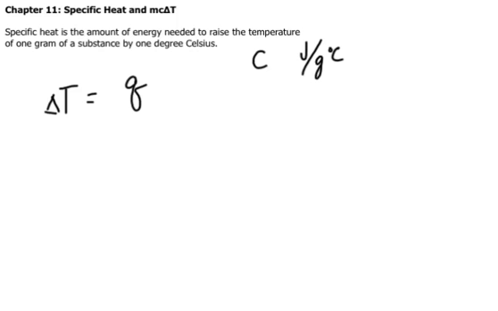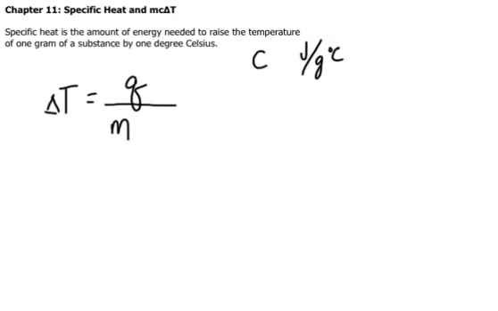If you put a certain amount of energy in, that glass of water is going to raise by a ton. The temperature will go up by a ton, but the same amount of energy is going to have very little effect on the temperature of a swimming pool. So mass and delta T are going to have an inverse relationship. So the M is going to be the mass in grams.